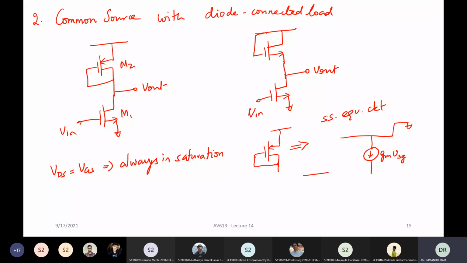Now you have a gate terminal. This is your gate. What has happened is that you have connected your gate and your drain together. And let's say you have your r0 here. Now what is your VSG? Your VSG is given as this one.